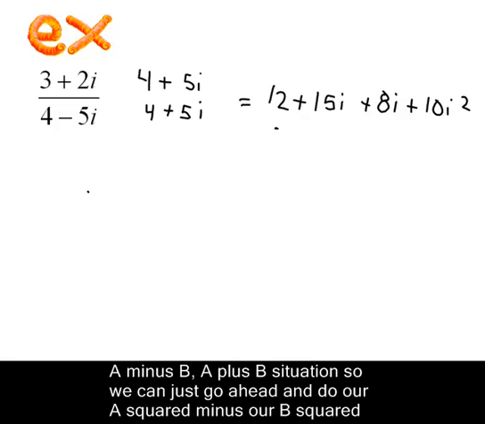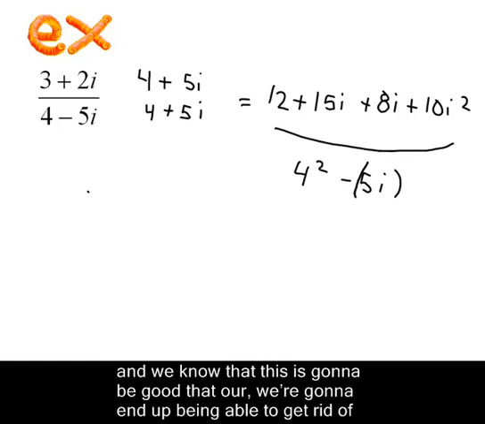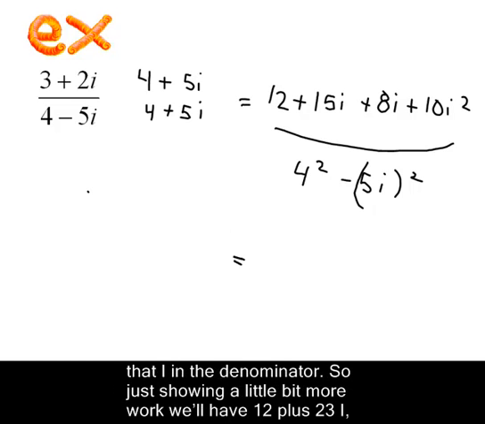Now notice it's an a minus b, a plus b situation, so we can just go ahead and do our a squared minus our b squared. And we know that this is going to be good, that we're going to end up being able to get rid of that i in the denominator.